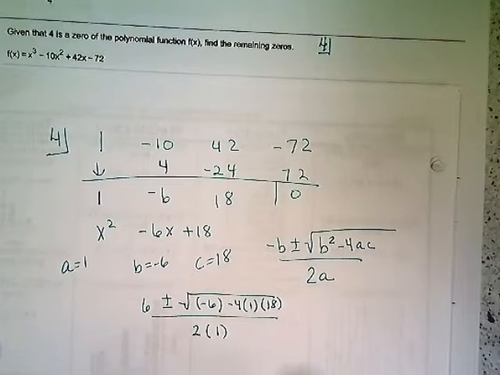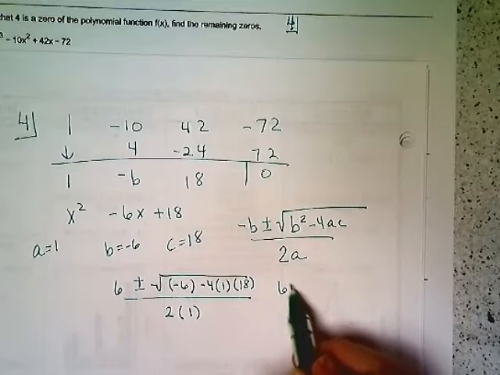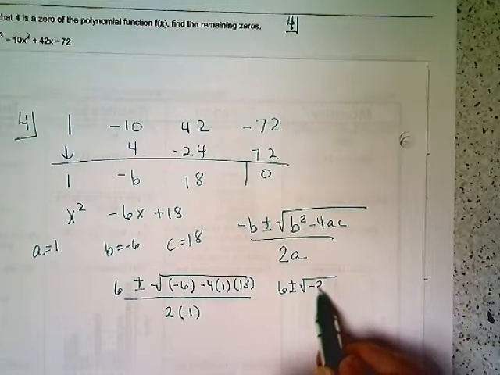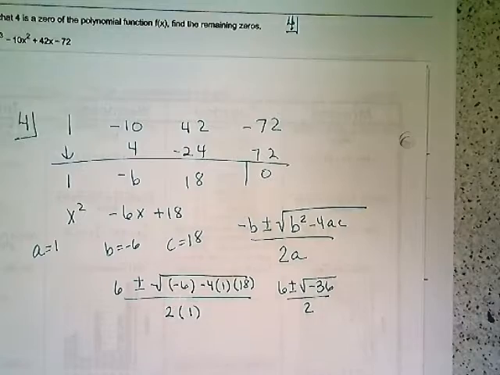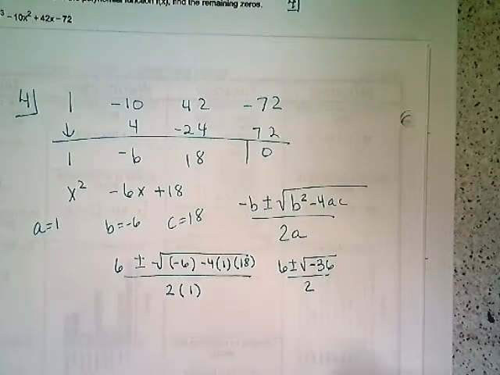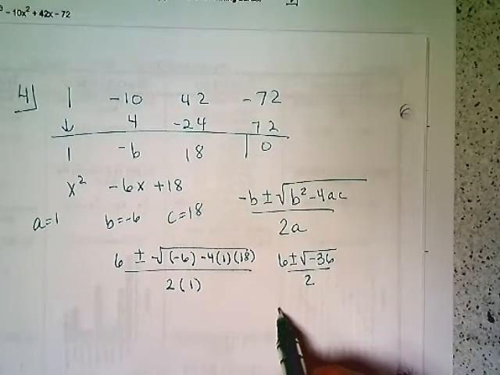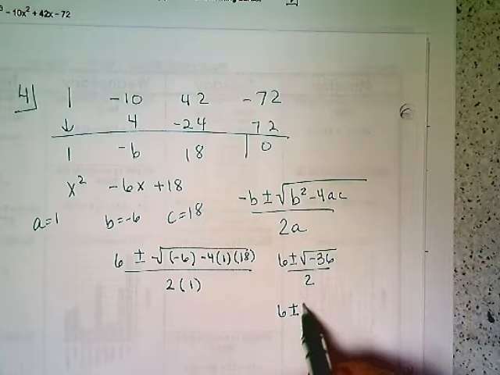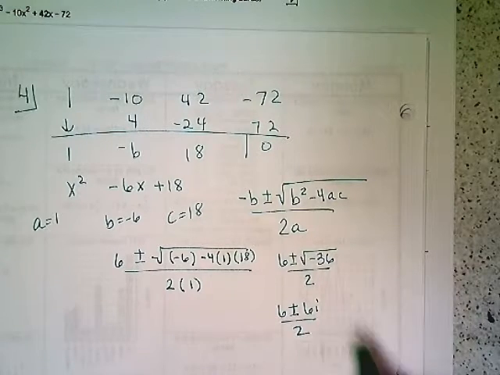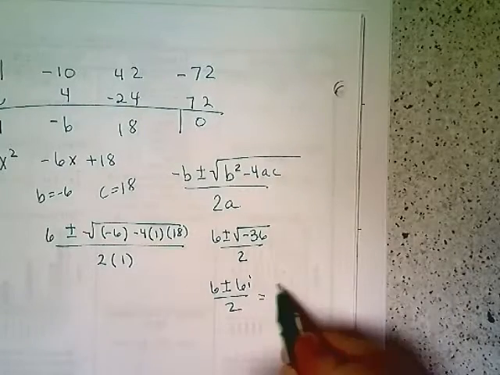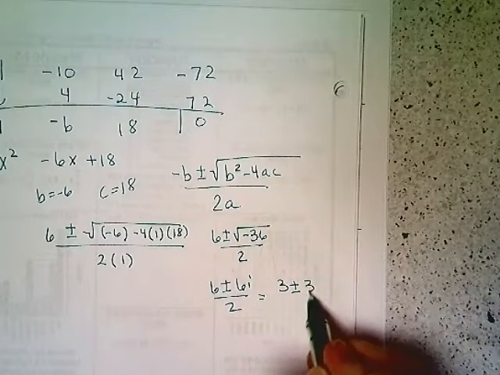When I simplify under the radical, 6 plus or minus the square root of negative 36 over 2. Well, the square root of negative 36 is an imaginary number. It's 6i. So it's 6 plus or minus 6i over 2. When I simplify that, I get 3 plus or minus 3i.